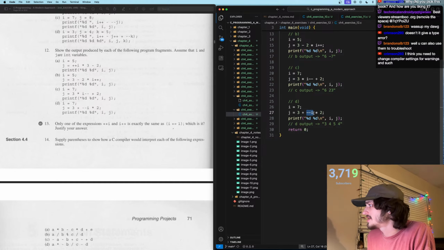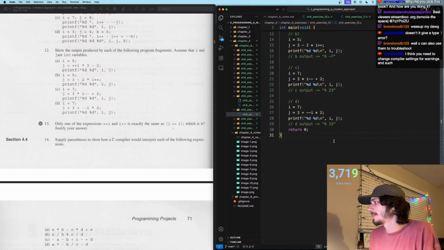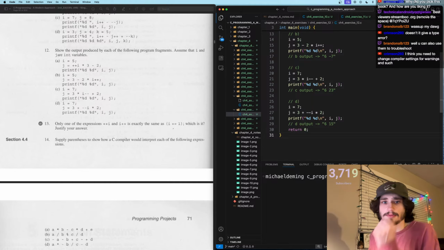So this will be 6 in this place. Times 2 is 12, plus 3 is 15 for J. And then I is going to be 7 minus 1, which would be 6. So let's look here and try this.